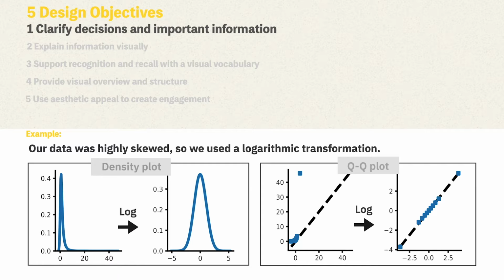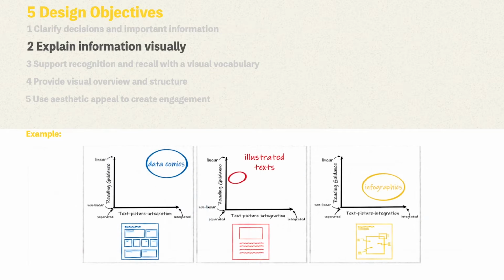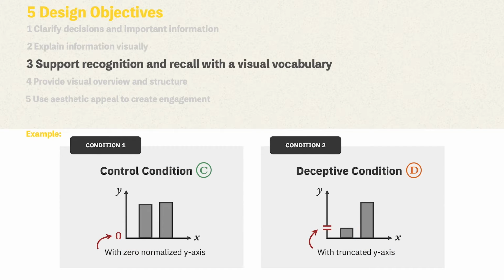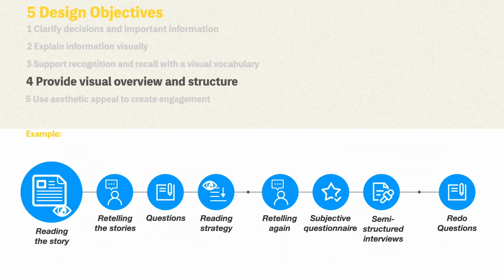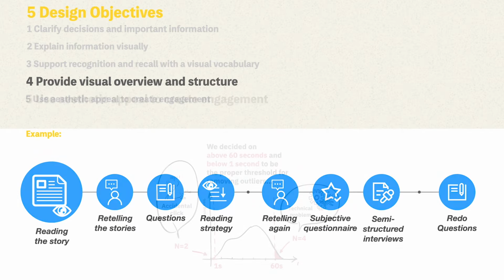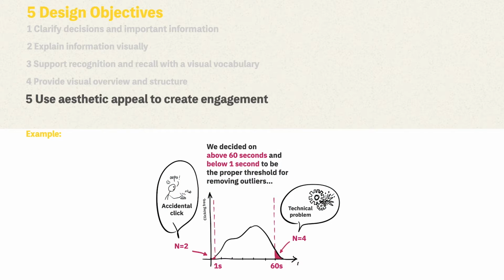We have 5 initial design objectives: clarify decisions and important information, explain information visually, support recognition and recall with a visual vocabulary, provide visual overview and structure, and use aesthetic appeal to create engagement.